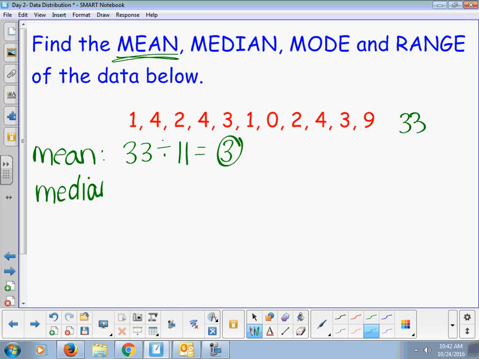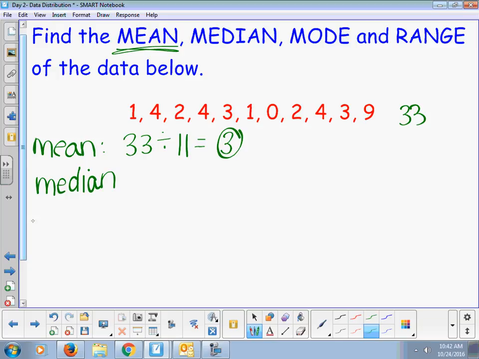For your median, when you're finding your middle number, you first have to order your numbers from least to greatest. So we're going to take this data and order it from least to greatest.